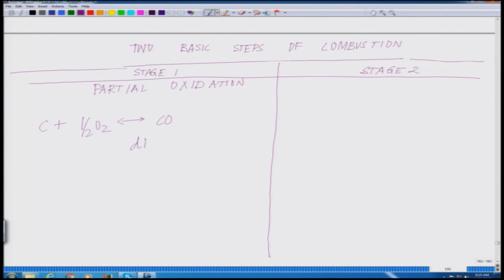And if you look at the heat of the reaction, DH stands for heat of reaction. Rx stands for reaction. Either it could be positive if it is an endothermic process where you are absorbing heat, okay, and it will be negative if it is an exothermic process where you are generating heat.